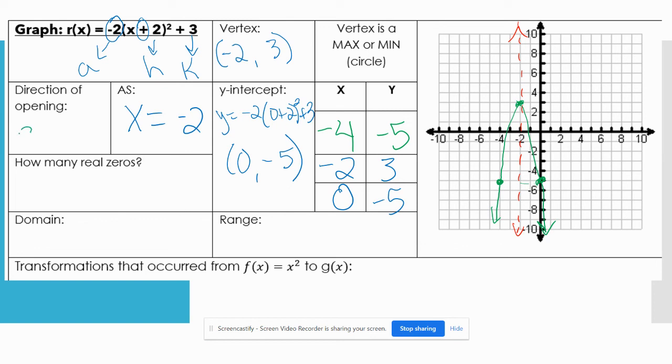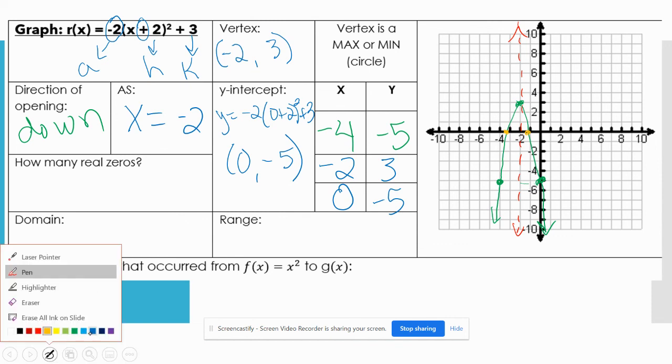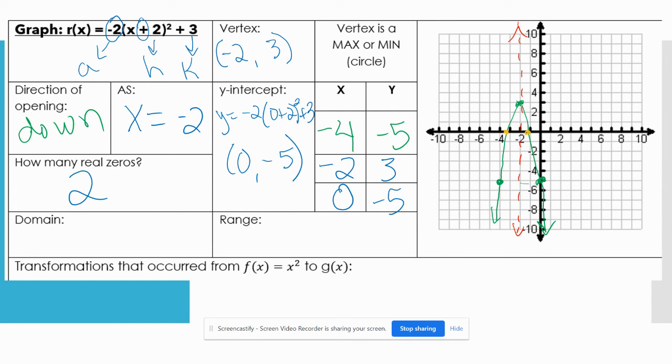This graph is opening down. Real zeros, again, are the places where our graph touches the x-axis. So my x-axis is this one, and I'm touching the x-axis here and here. That means there are 2 real zeros. Domain, -infinity to infinity. Range, y, we're opening down, so that's less than or equal to, and the y value of our vertex is 3.